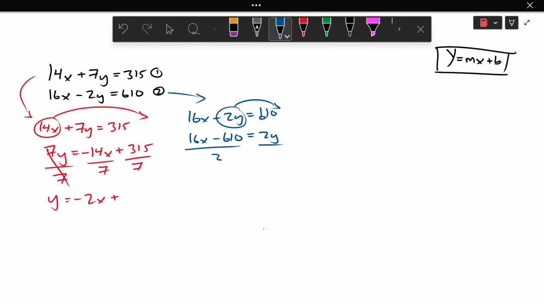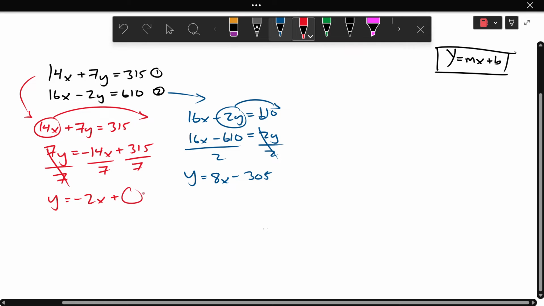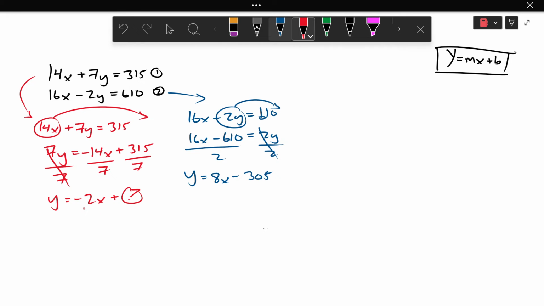I'm going to divide both sides by 2, and it's going to leave me with y equals 16 over 2 is 8x, minus 610 over 2 is 305. And this is why I didn't bother taking the time to figure out the y-intercept, because I could have gotten my calculator to figure it out, but I didn't need to know, because in this case I can see that the slopes are different.